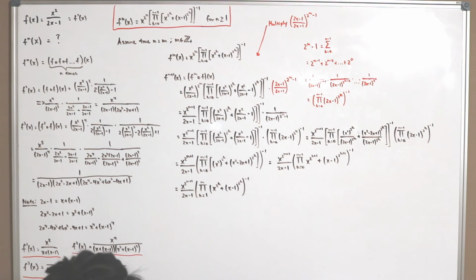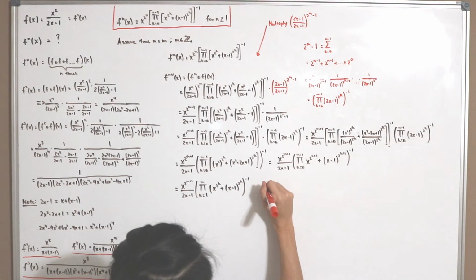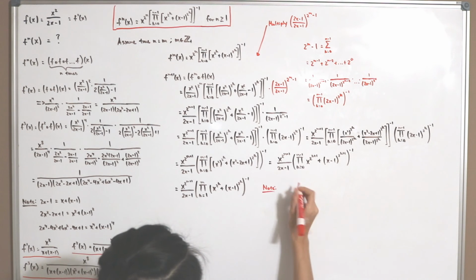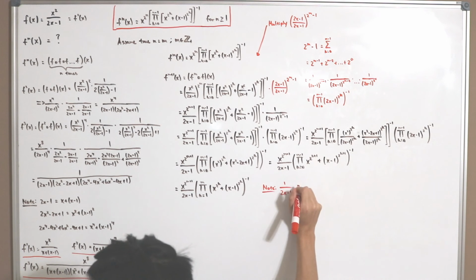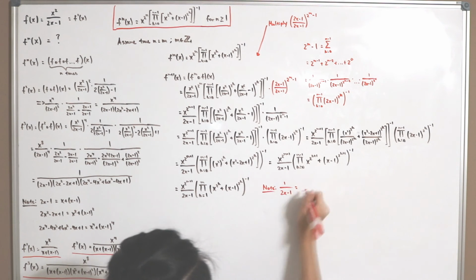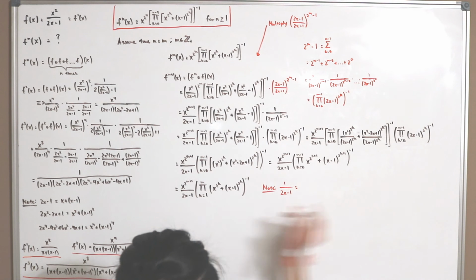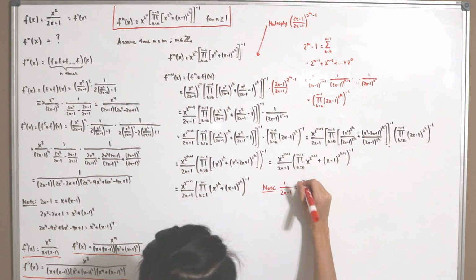So note that 1 over 2x minus 1 can also be rewritten as, we can just use the power series, but let's start at k equals 0.